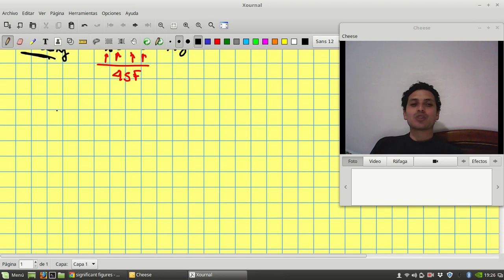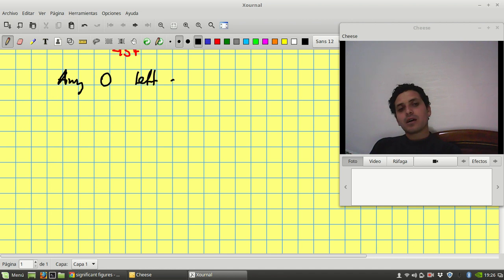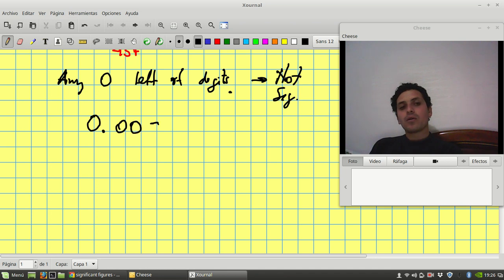Now, next rule. The next rule is that any zero to the left of digits is not significant. What does it mean? For example, 0.00300 meters.